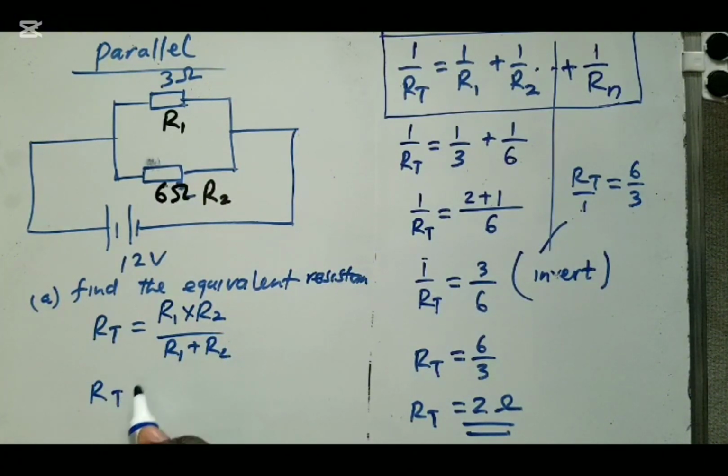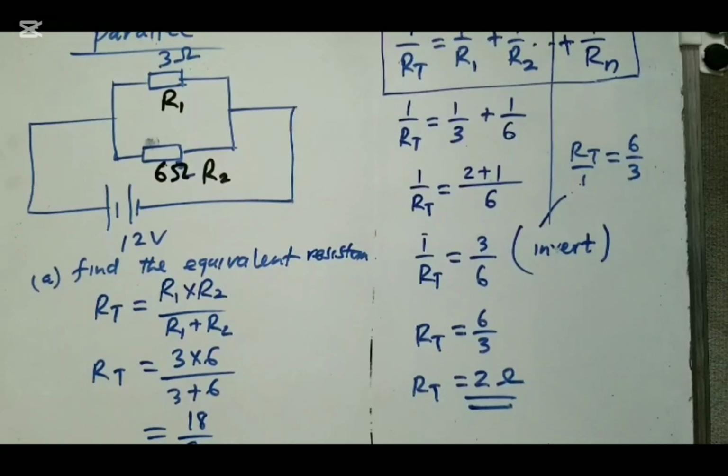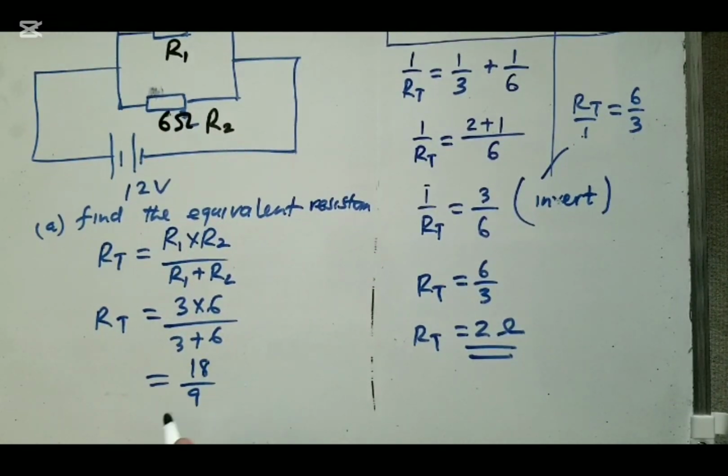So R total will be equal to 3 times 6 over 3 plus 6. 3 times 6 is 18. 18 divided by 9 is simply going to give you 2 ohms. That would be our R total.